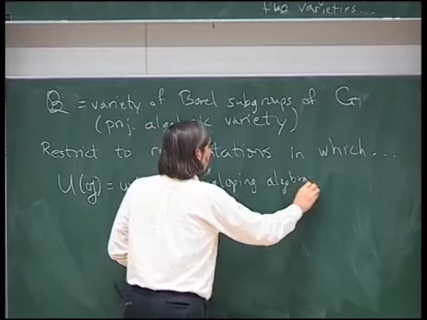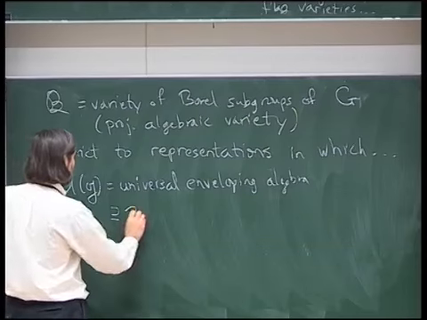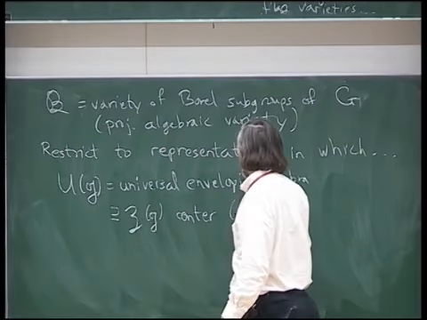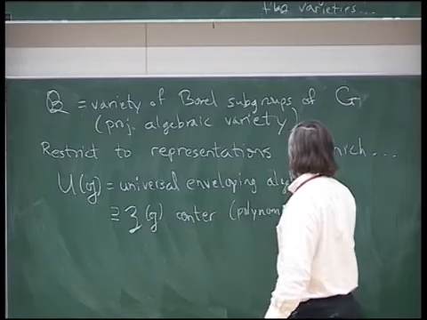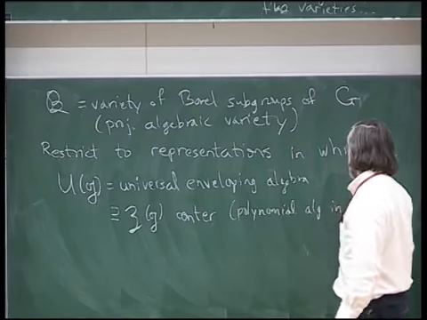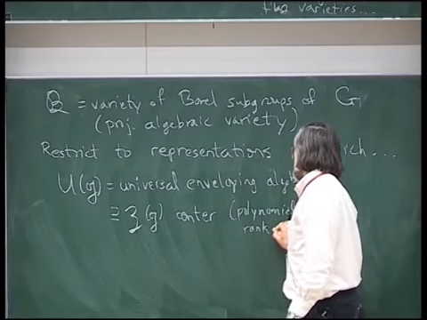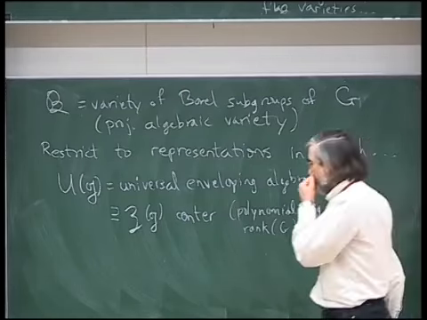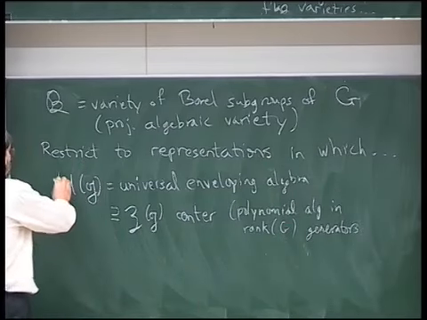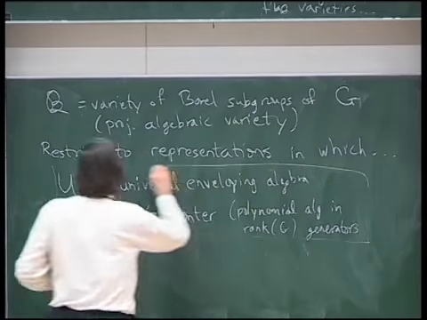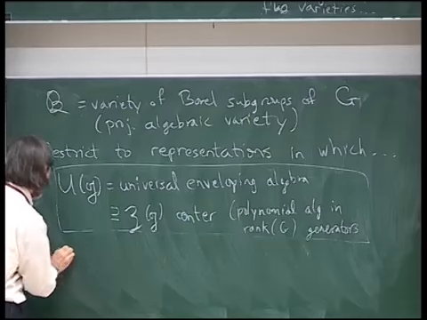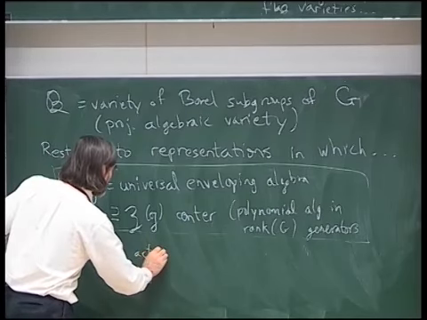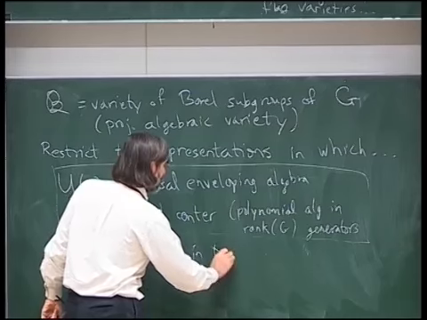And this has Z of G, the center. So this is a polynomial algebra in the rank of G generators. So I want to look at representations in which the center of the enveloping algebra acts as it does in the trivial representation.